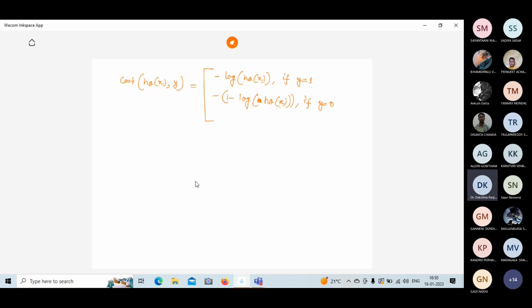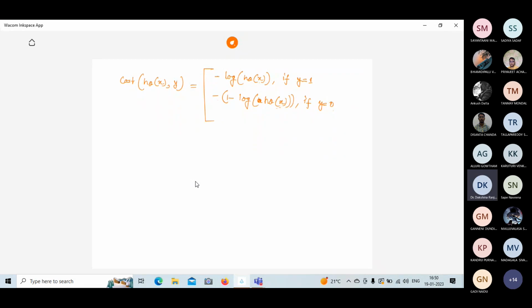Otherwise, for the positive class, level 1, we get minus log of h theta x. These two cost functions combined are known as the cross entropy cost function.